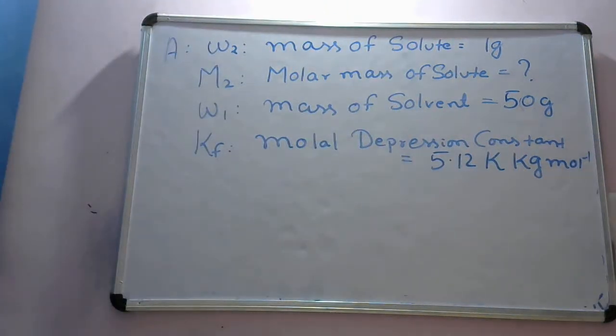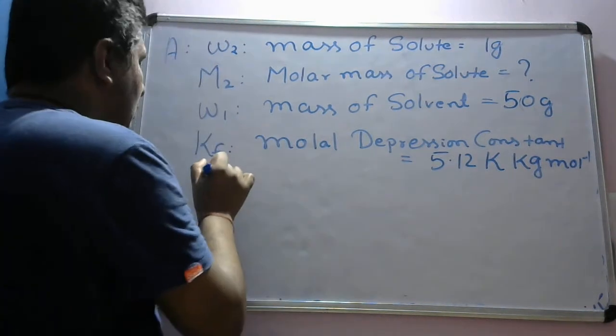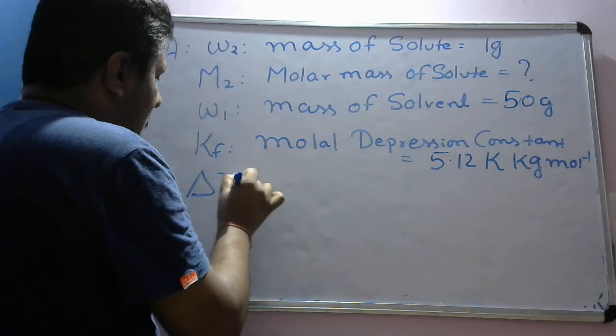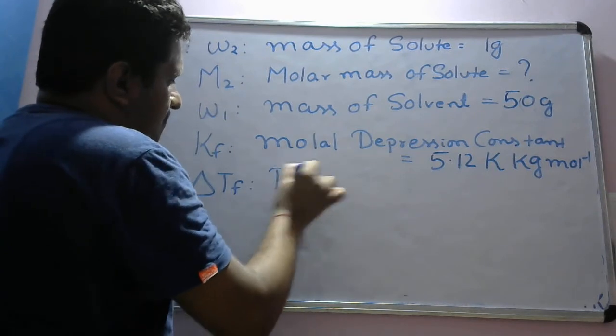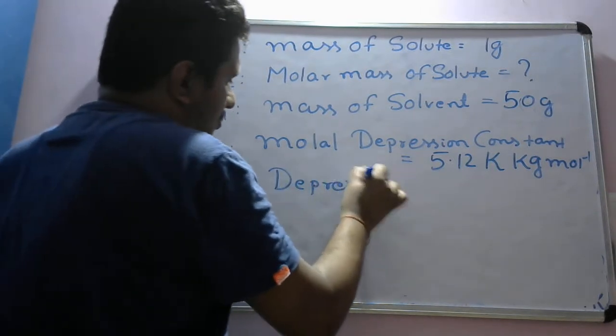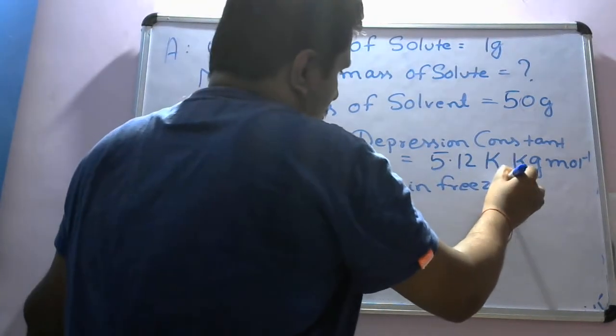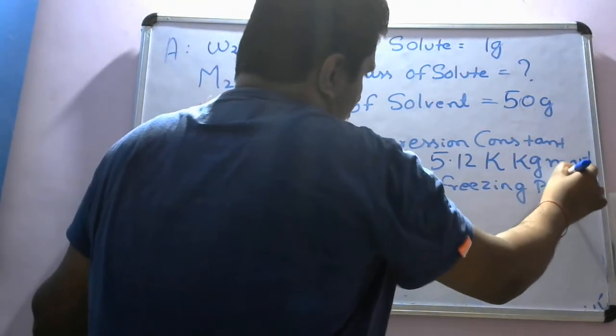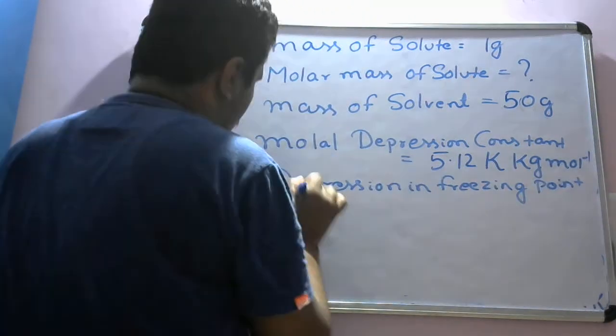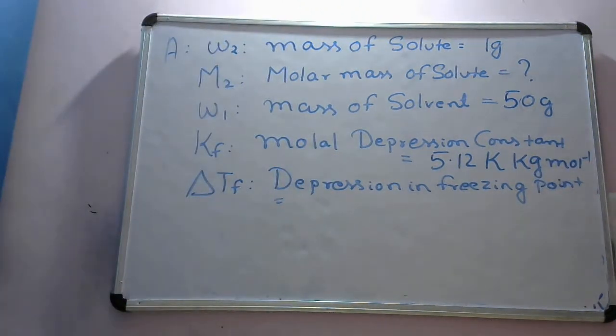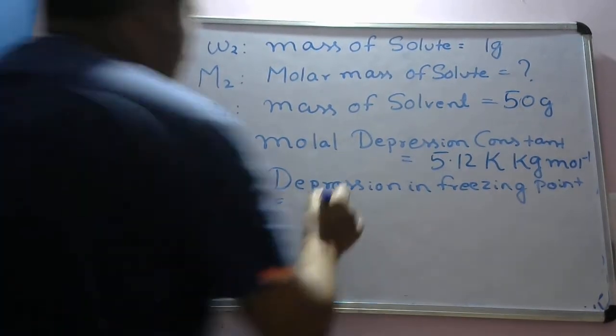Now, delta TF is also given to us, the depression in freezing point, it is given to be 0.40 Kelvin.